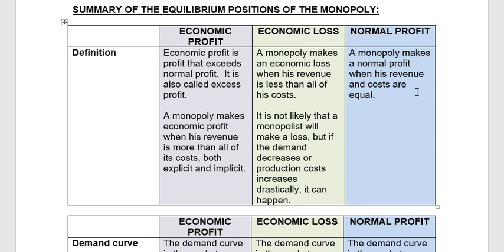Remember, there's never no profit. It's either an economic profit, a normal profit, or an economic loss. When the business breaks even and its costs and revenue are basically the same, we say that he makes a normal profit because he still gets his remuneration, the entrepreneur, for his inputs in the production process.